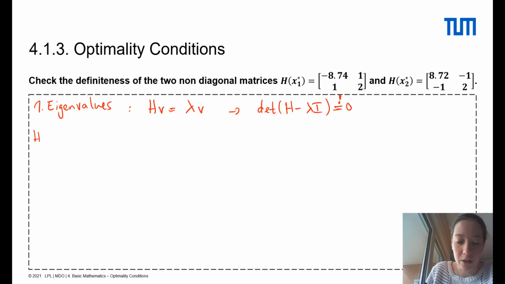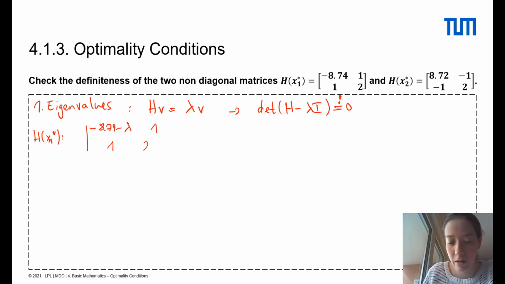So for H of x1 star, we compute the determinant of H minus lambda I, where I is the identity matrix. Here we have 1, 1, and 2 minus lambda.